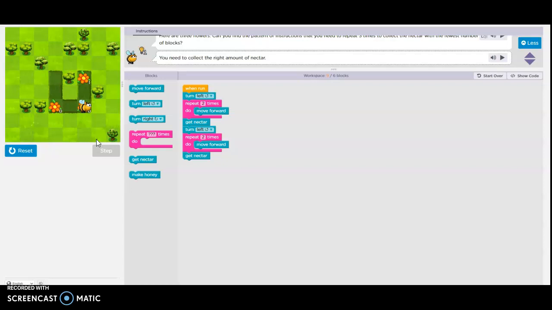You get used to it and you'll understand how it is. So just try to follow, okay? Now it's going to be left, and as I told you, when you turn left, it doesn't mean it goes forward. So we don't forget to put the move forward blocks.